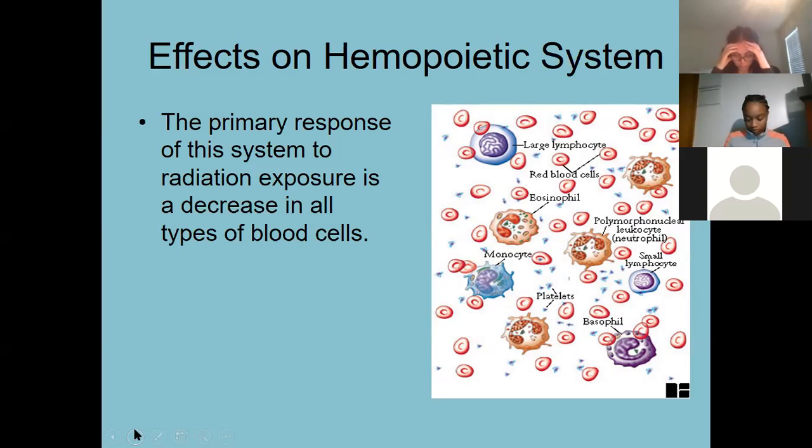And we know there are the red blood cells, the leukocytes, which consist of different types, the lymphocytes, the neutrophils, the monocytes, all of those fall under the leukocytes. And then we have thrombocytes. So at 25 rads or 0.25 gray, you can see a decrease in all of those different types of cells across the board.